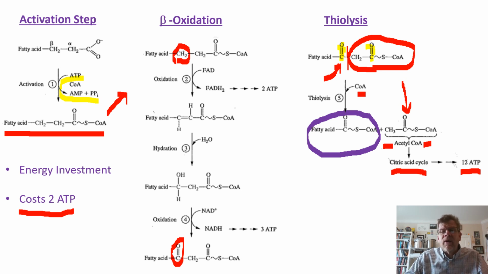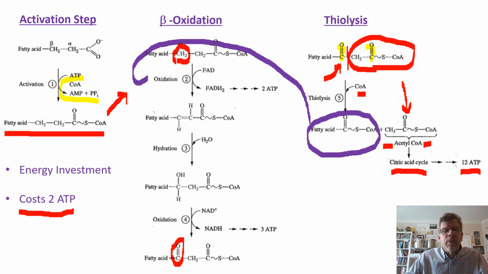Now this fatty acid, or this thioesterified coenzyme A fatty acid, which is now 2 carbons shorter, then goes back and starts the process again, only being 2 carbons shorter. And the process happens over and over and over, each time taking 2 carbons away from that fatty acid.